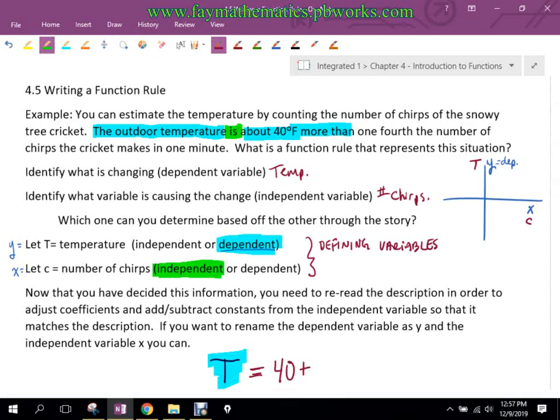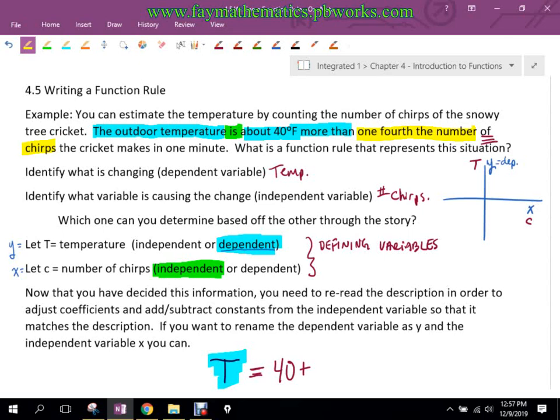We'll talk about maybe the different orders you can write this. But now the next phrase says 1/4 the number of chirps. What does the word "of" mean to us algebraically? Multiply. So the two things I'm multiplying are the things stuck together by the word "of," right?